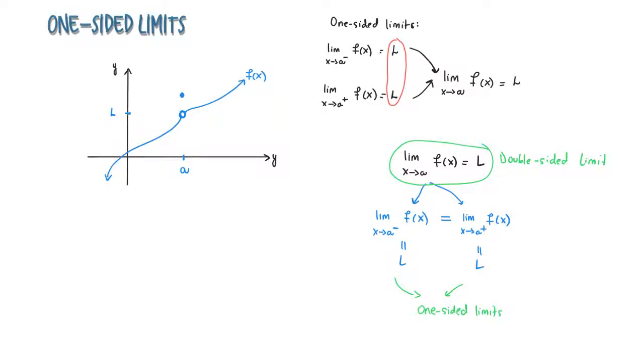One limit is only talking about what happens to f of x as x approaches a from the left, this one right here, and the other one is talking about the limit of the function as x approaches a from the right. Whenever we don't put the plus or minus on top, we're talking about the double-sided limit. And if the double-sided limit is equal to L, we are saying that the left-hand limit is equal to the right-hand limit.